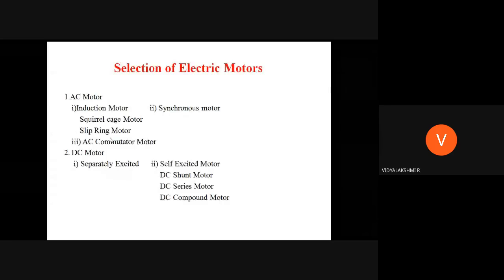And in some cases, in order to reduce the starting current, I can add resistance on the rotor side. I already said the main parts of the AC motor are the stator and rotor. In the rotor, I can add resistance in order to reduce my starting current. In some cases, we can do it in the stator.